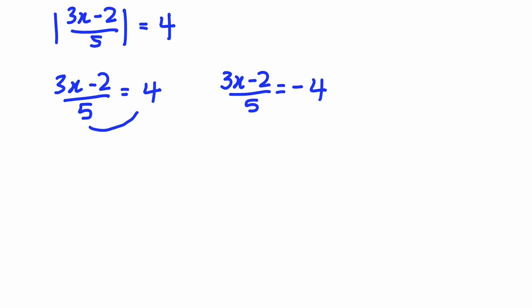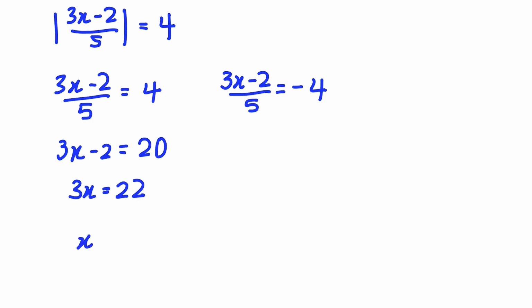Now we will just multiply the 5 by the 4, so 3x minus 2 equals 20. We'll move the negative 2 to the other side, so 3x will equal 22. So x will be 22 over 3. It will be a fraction value, so we'll just keep it in this form.